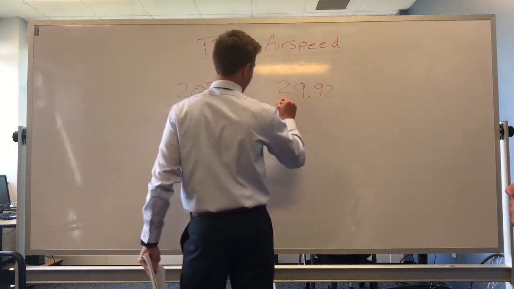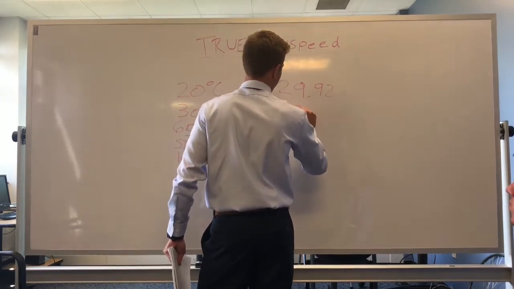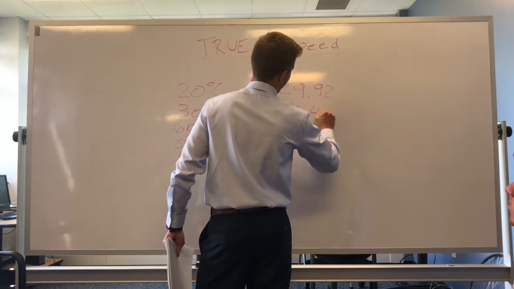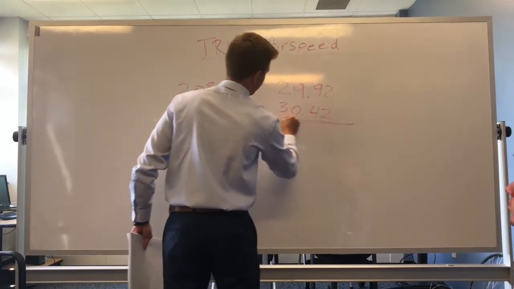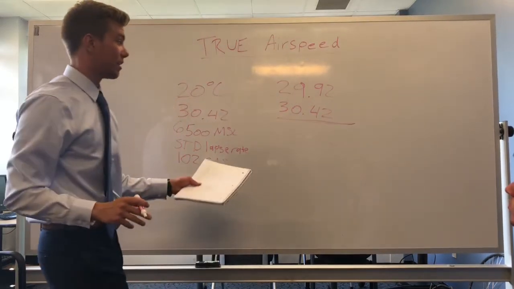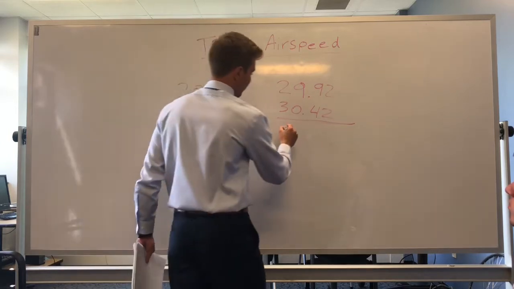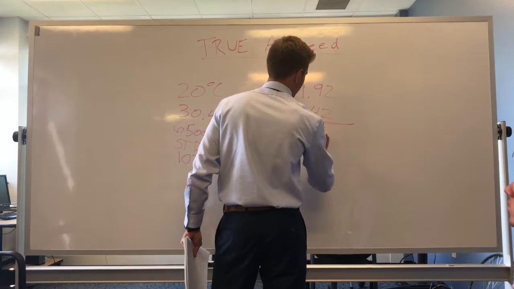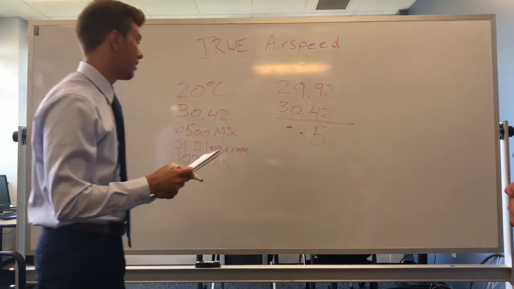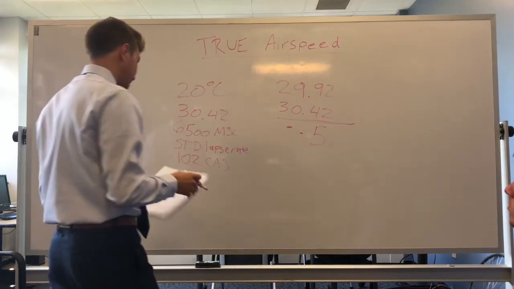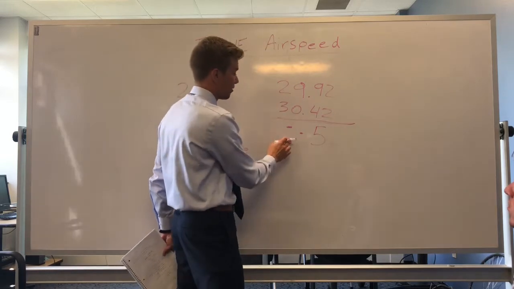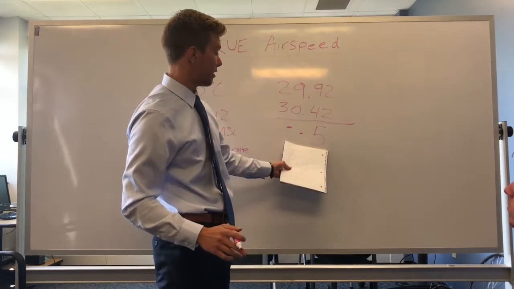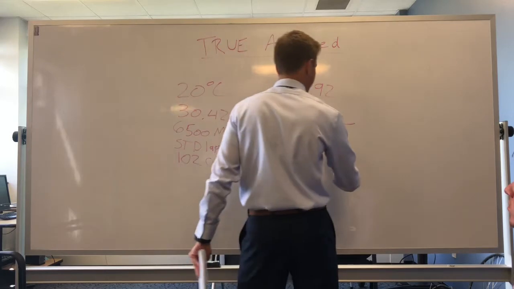So our current one is 30.42. After we subtract that, we get a negative 0.5. Now after we get this negative 0.5, we multiply this 0.5 by 1,000.